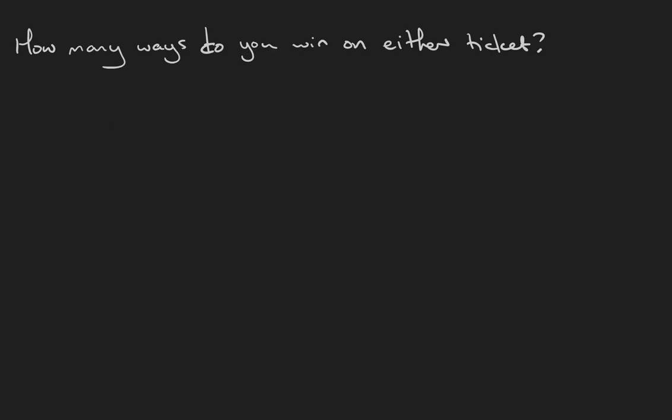This question is a little more complicated. How many ways do you win on either ticket? That includes winning on the first ticket, winning on the second ticket, or winning on both tickets. If you win on the first ticket, there are 5 options for your first number times 10 options for your second number.